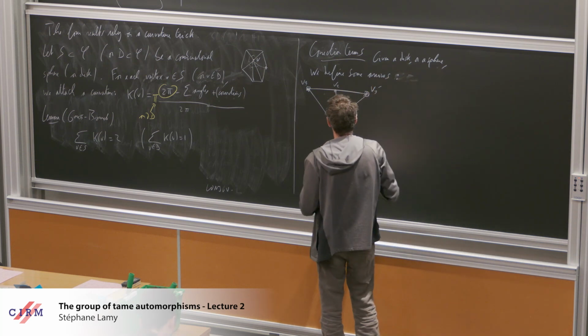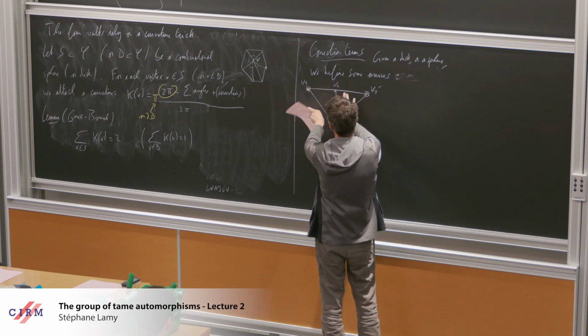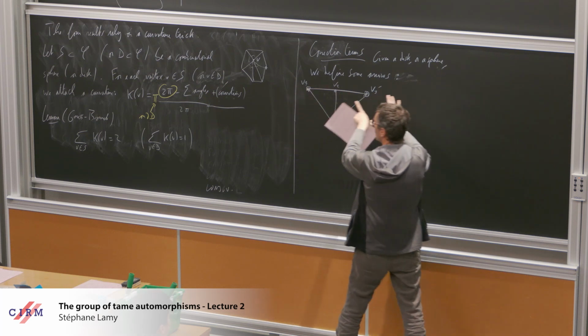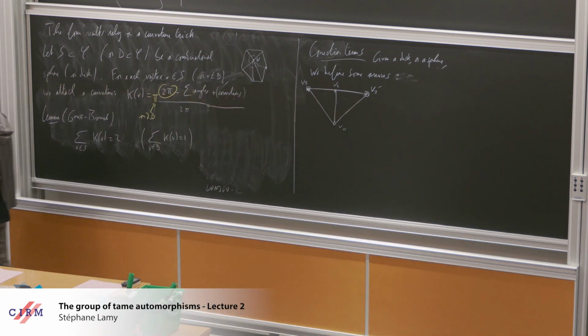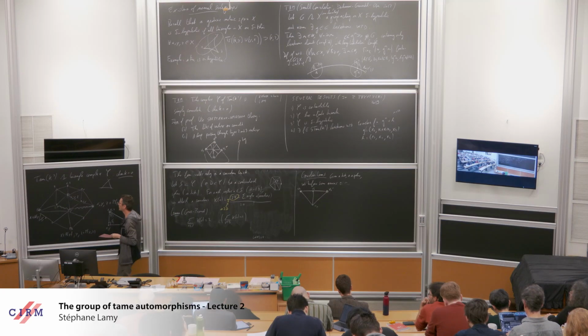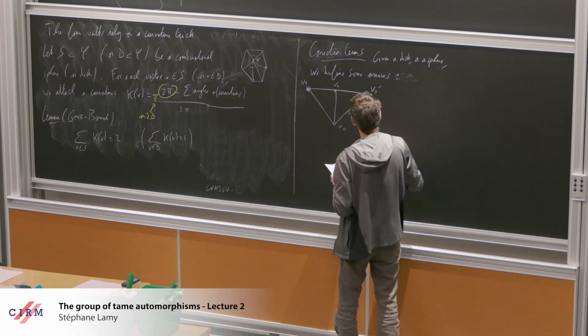First, on such a pair of triangles, I can put it in normal form back to my favorite one, so I can transport. I can assume that this one is a standard one.